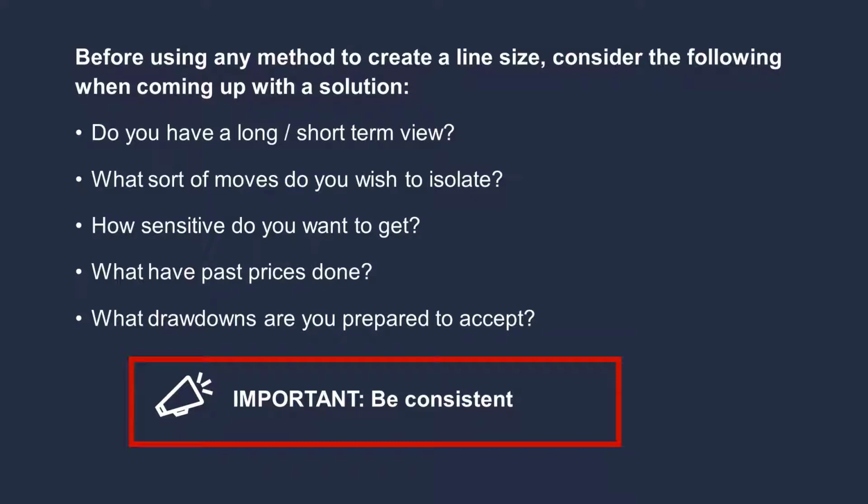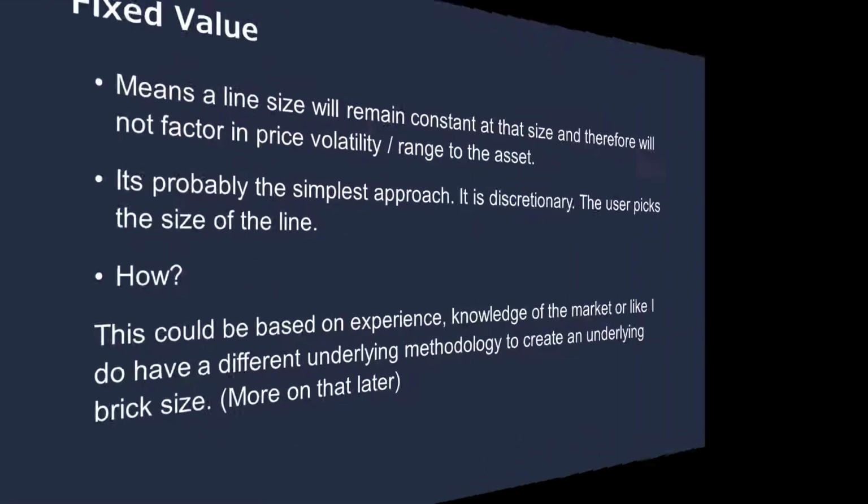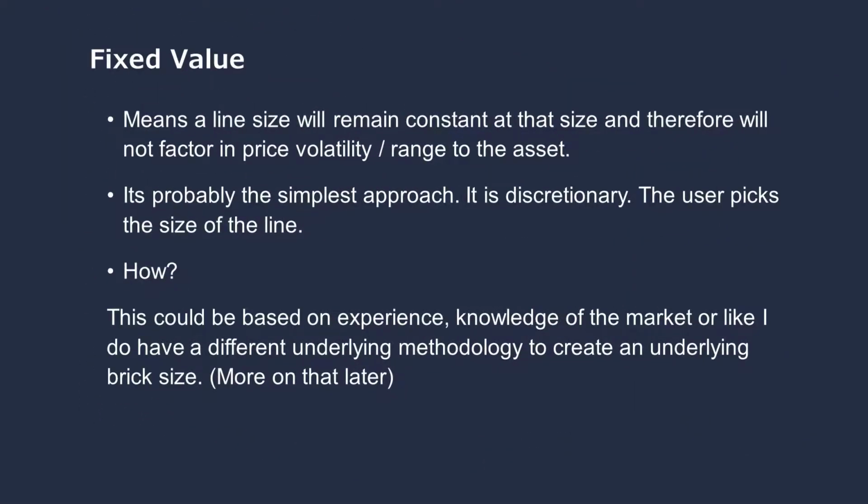We talked about capturing that through volatility, for example. What drawdowns, losses, are you prepared to accept on the trade line size that you set on the Kagi chart? But the most important thing here is to create a systematic approach to this line sizing, but also to be consistent with that approach.